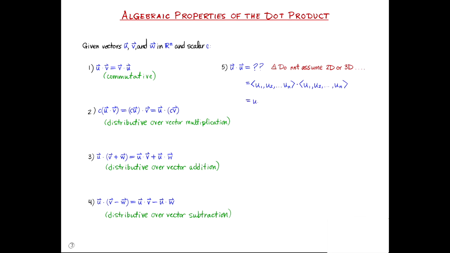So u1 times u1 plus u2 times u2 plus ... plus un times un. And u1 times u1, that's u1 squared, plus u2 squared, plus ..., plus un squared. From our distance formula, or our magnitude formula from last week, we know that this is equal to the magnitude of the vector u squared.